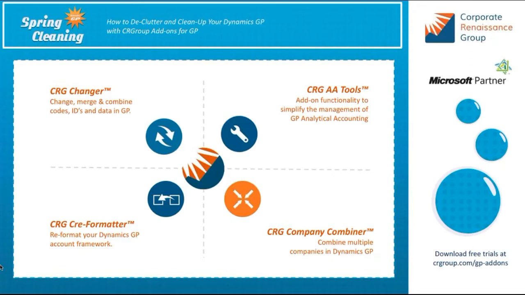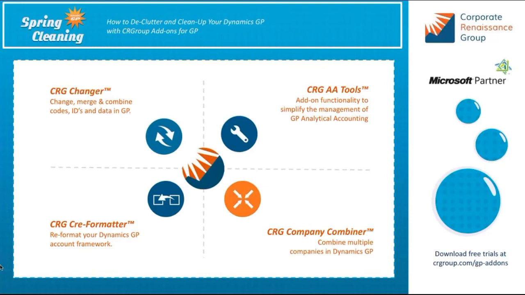It has an audit trail of when it got changed, and importantly, it updates many third-party products when you run it. So Changer is key to the COA change. It also works outside COA. It'll allow you to renumber or merge together inventory items, customer codes, vendor codes, project numbers, employee codes. It's got lots of great capability.